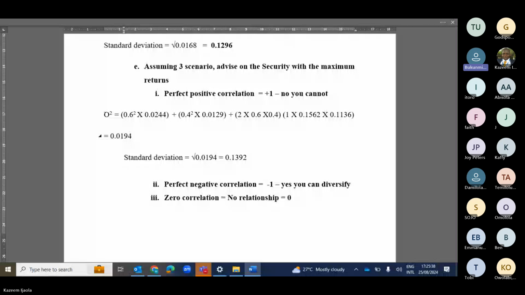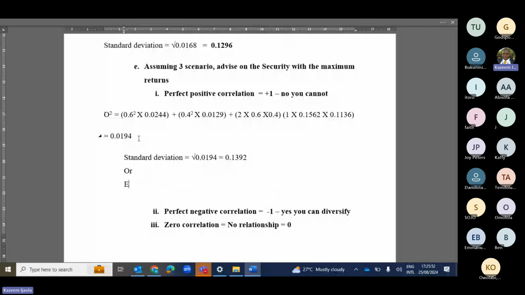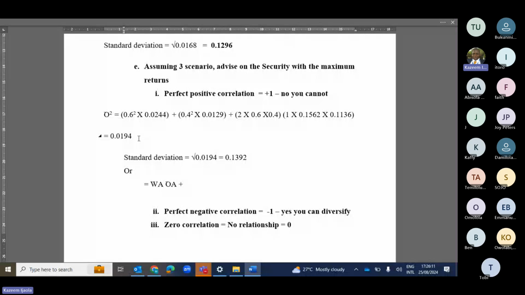Yes, Abi? Okay. This is the second formula you can use for positive correlation. The formula is this. Your weight of A into standard deviation of A, plus weight of B, standard deviation of B. That is all.